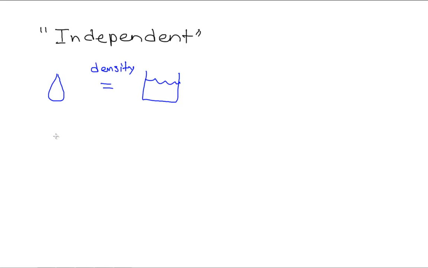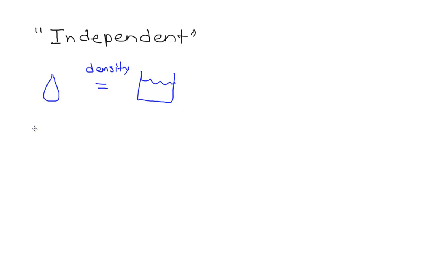Density can also tell us how pure a substance is. Let's say, for example, we have a full glass of water here, and we know that water has a density of 1,000 kilograms per meter cubed. And we want to make sure that this is actually pure water.